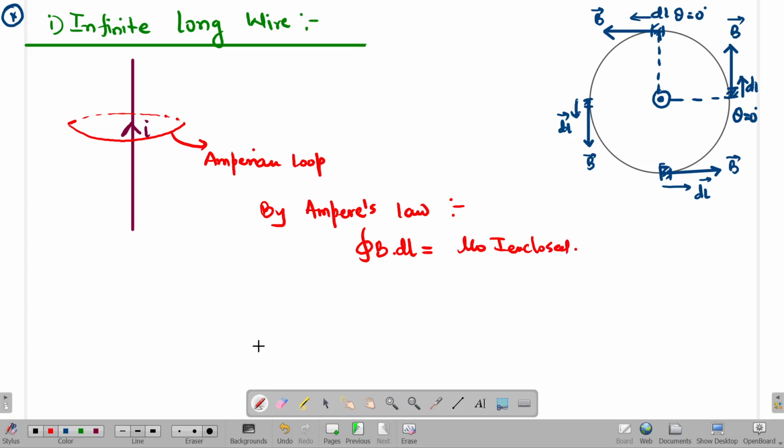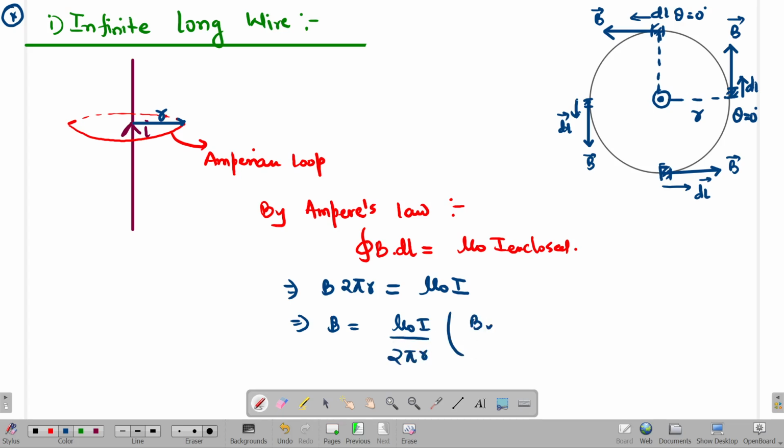Now look over here, in this integral the magnetic field is always the same, so B will come outside. And if this is a loop of radius r, then the integral of dl is 2 pi r. Mu naught I enclosed is mu naught I. So if I want to find the magnetic field at any point at a distance r from the wire, then B is equal to mu naught I by 2 pi r.